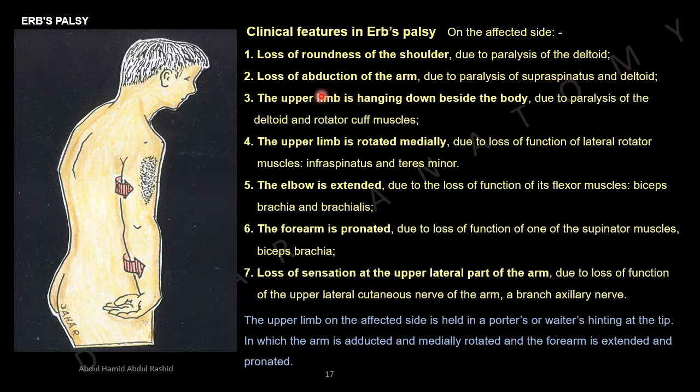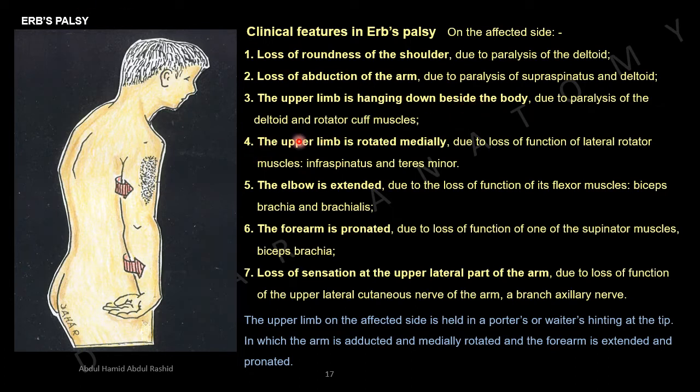The upper limb is hanging down beside the body due to paralysis of the deltoid and rotator cuff muscles. What are the rotator cuff muscles? Supraspinatus, infraspinatus, teres minor, and subscapularis.